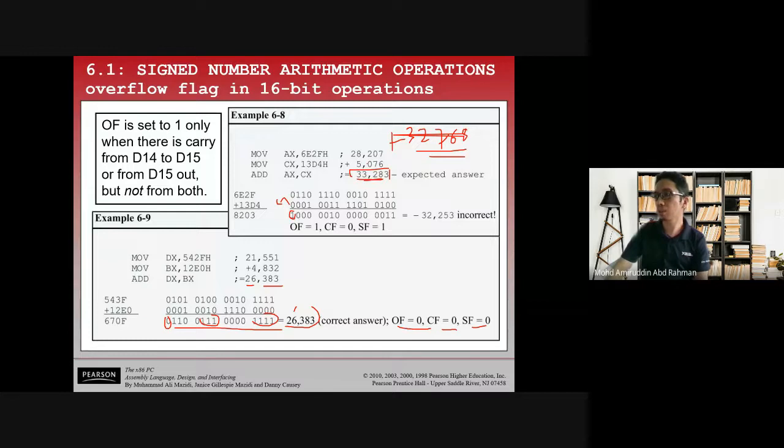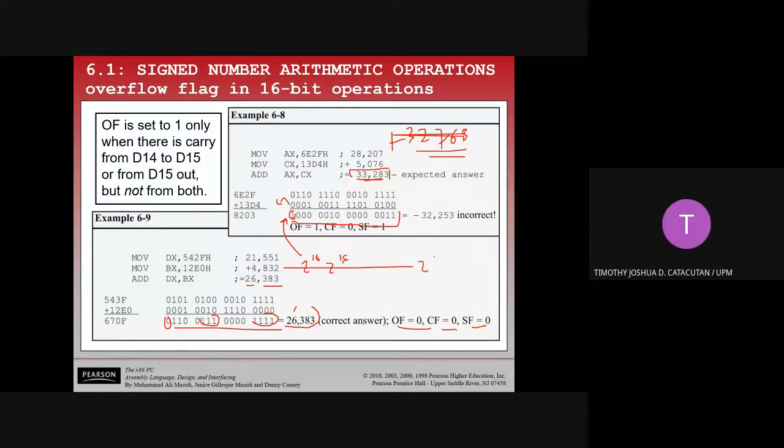Okay, because you have 16 bits, right? The 2 to 16 is for the sign, it is either 0 or 1. So you have only up to 2 to 15.